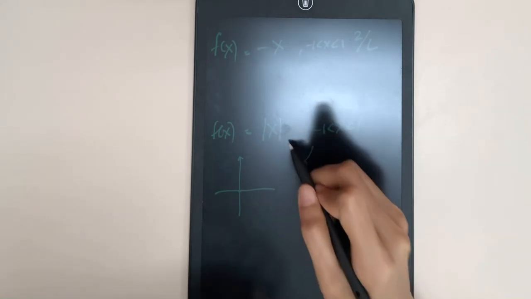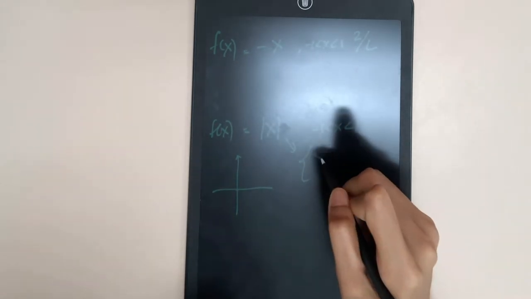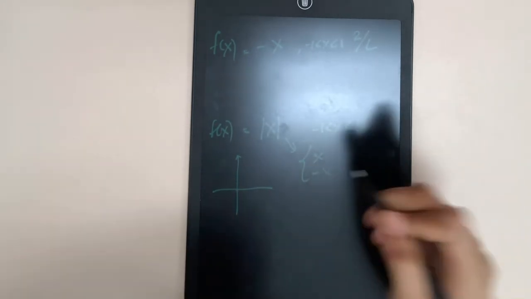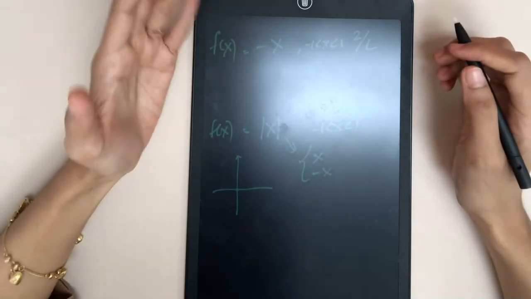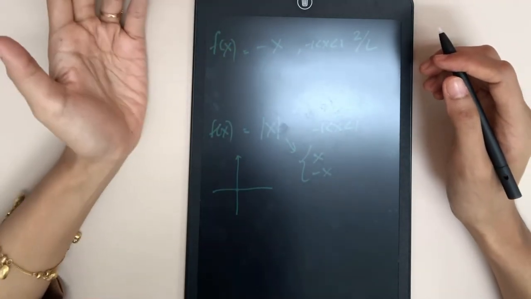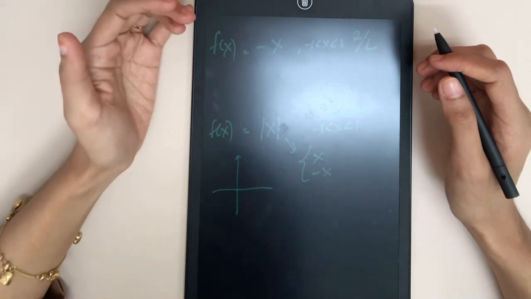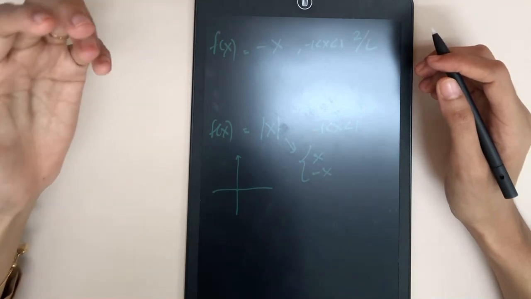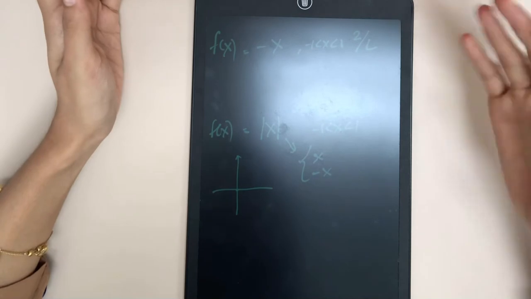Modulus x leads to positive and negative, just like modulus 2, which means positive 2 and also negative 2.